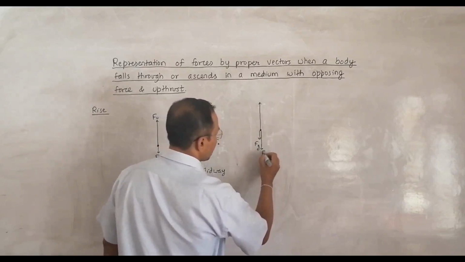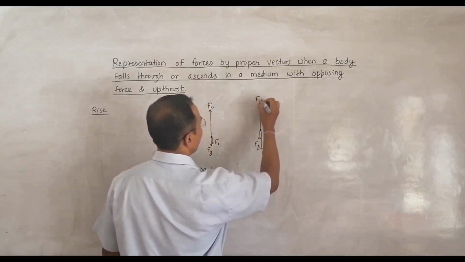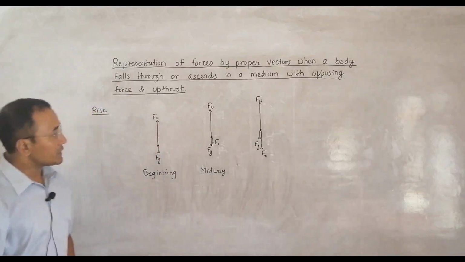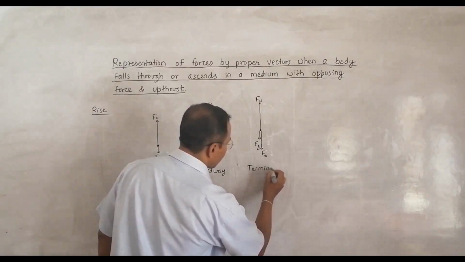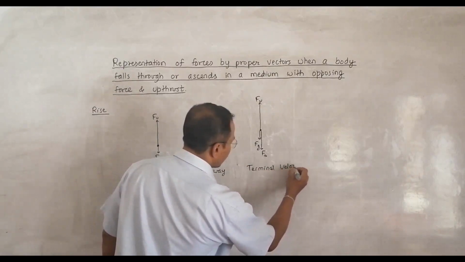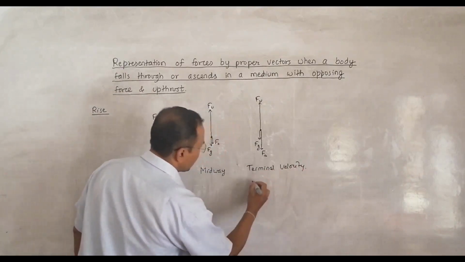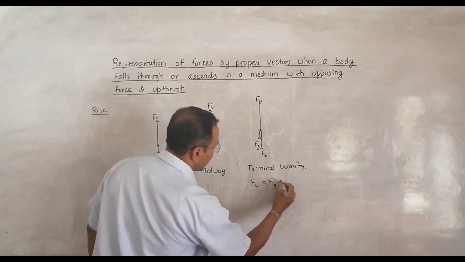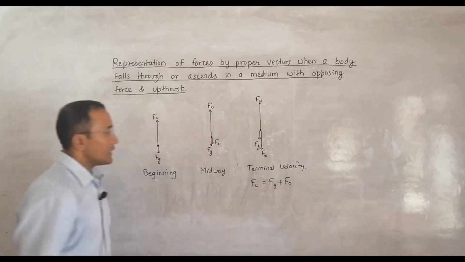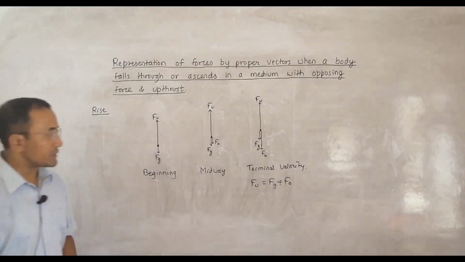This is F opposing, this is F upthrust. So this is when it attains the terminal velocity. In this case, F upthrust should be equal to Fg plus Fo.